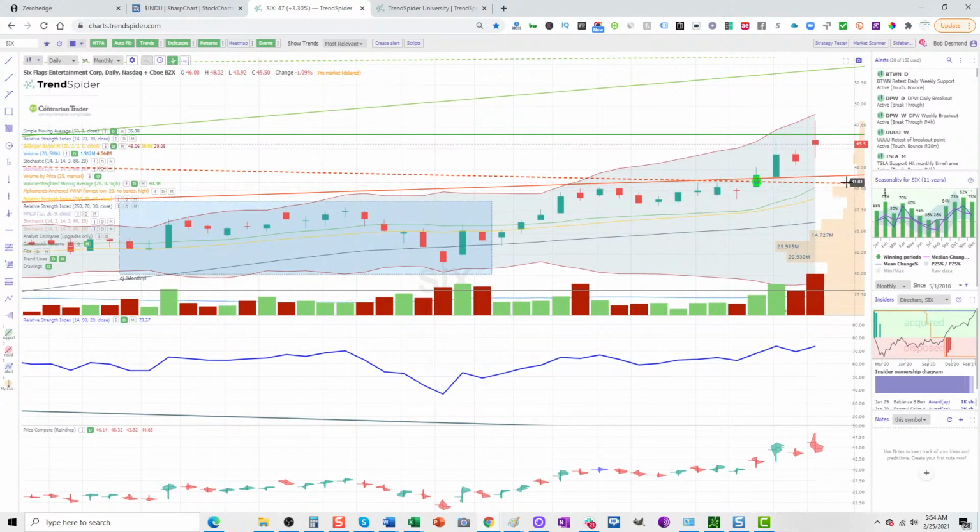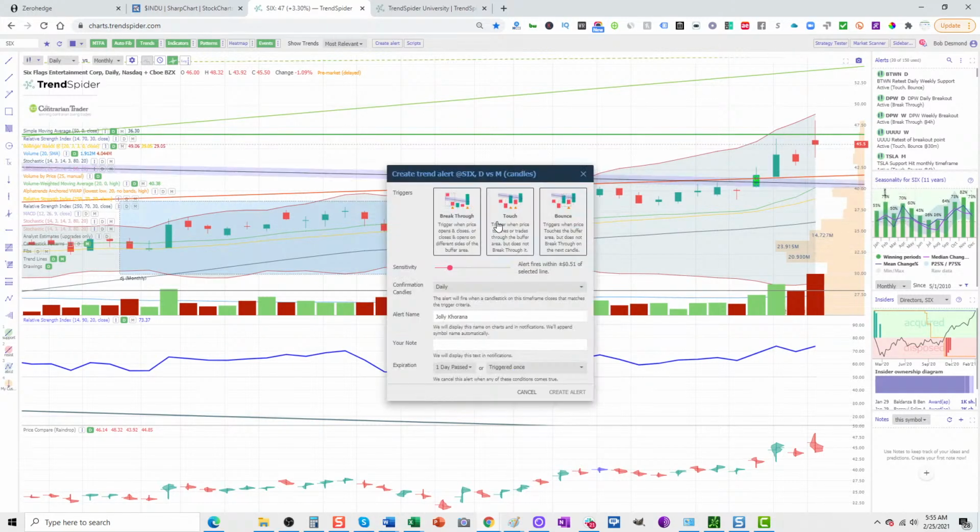In dashed line is a secondary overlay of support and resistance. So this is a daily chart, but I'm overlaying both daily trend lines and monthly trend lines. I like it here at monthly support. I'm going to keep a little bit of sensitivity on. We're looking for a pullback here on Six Flags.